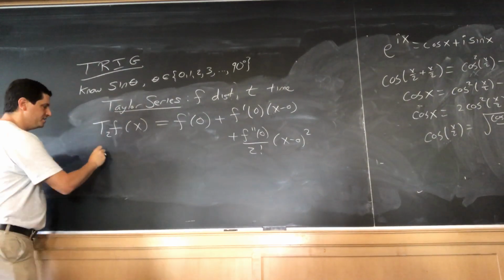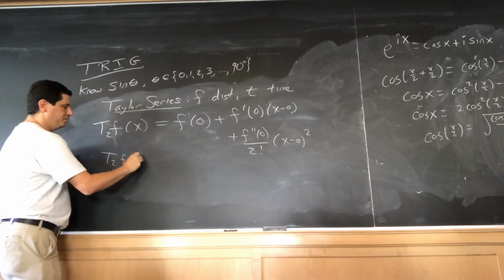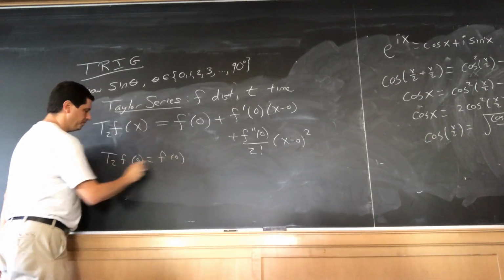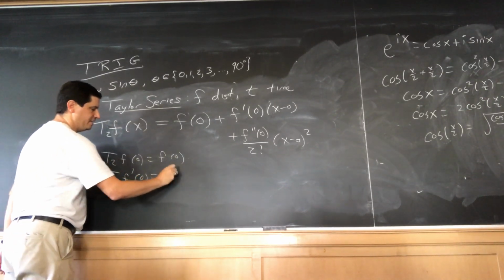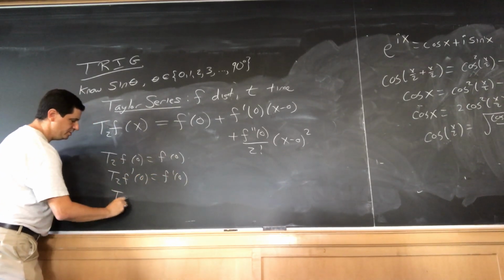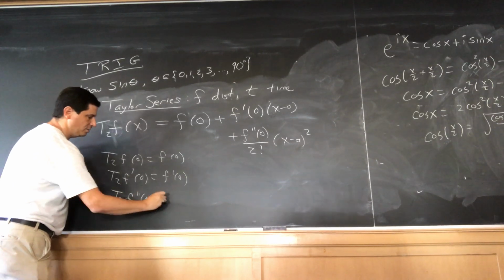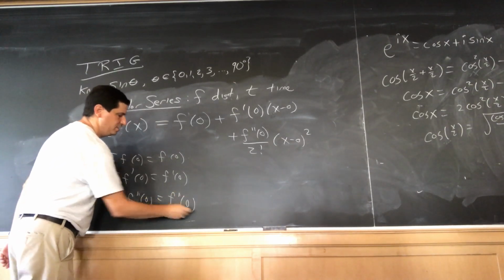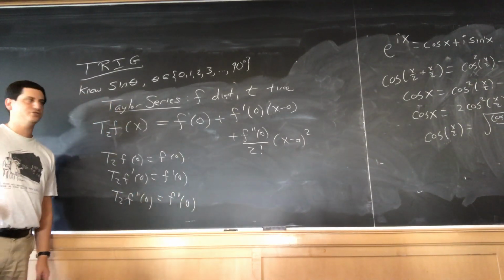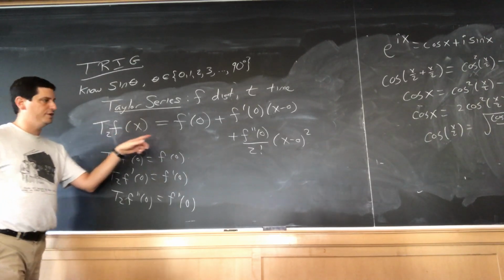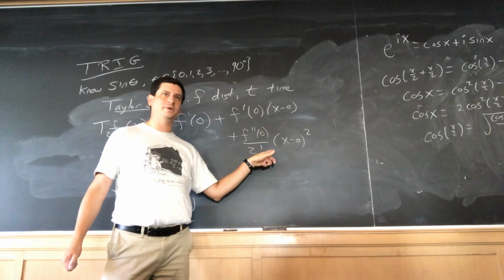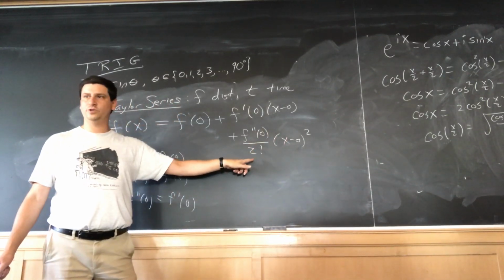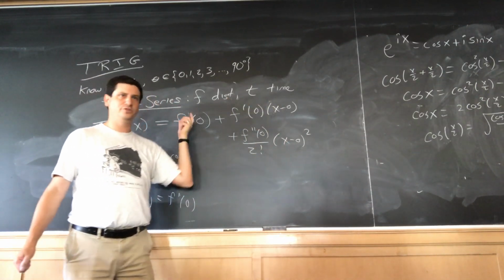So when I do it like this, I'll get T2 f of 0 is f of 0, T2 f prime of 0 is f prime of 0, and T2 f double prime of 0 is f double prime of 0. So the first 3 derivatives match. And when I take 2 derivatives, well, since I have an x minus 0 squared, I'm going to get a 2 factorial coming down that cancels with the 2 factorial here. 2 derivatives kills these 2 terms.